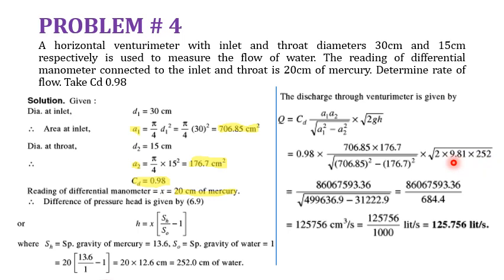So this G value should also be in centimeter, 9.81 into 100 centimeter per second. Sorry, so you have to make a correction over here. This should be 9.81 into 100. So after that, you'll have your discharge value in centimeter cube per second. This answer is correct. And divided by 1000 to convert it to liters per second.